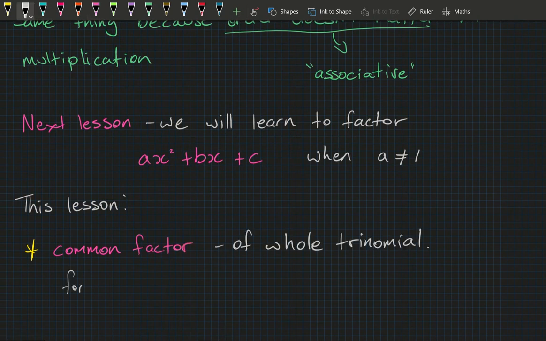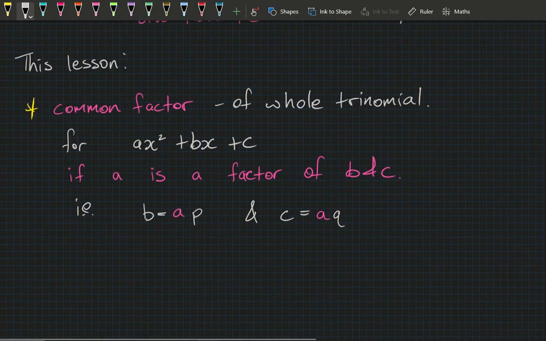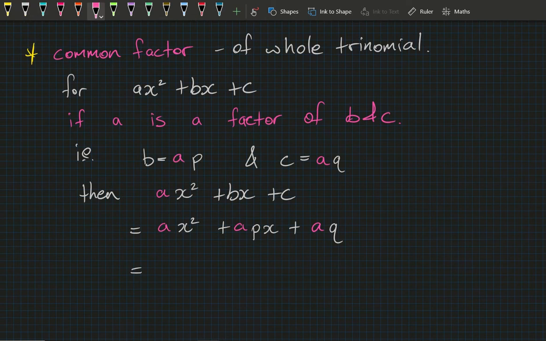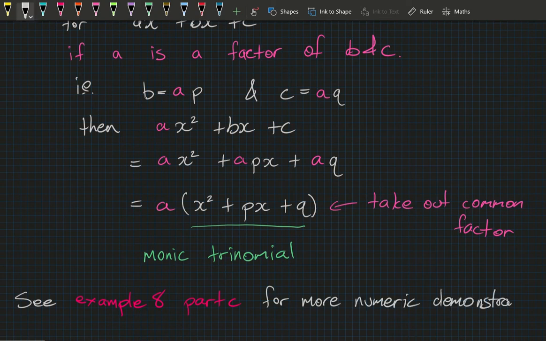So for a times x squared plus bx plus c, if a is a factor of b and c, i.e. b is equal to a times p and c is equal to a times q, then a times x squared plus bx plus c is actually equal to ax squared plus apx plus aq, which becomes a times x squared plus px plus q when we take out the common factor. And this now leaves us with a monic trinomial. Anyhow, you'll see in example 8 part C a more numerical demonstration.